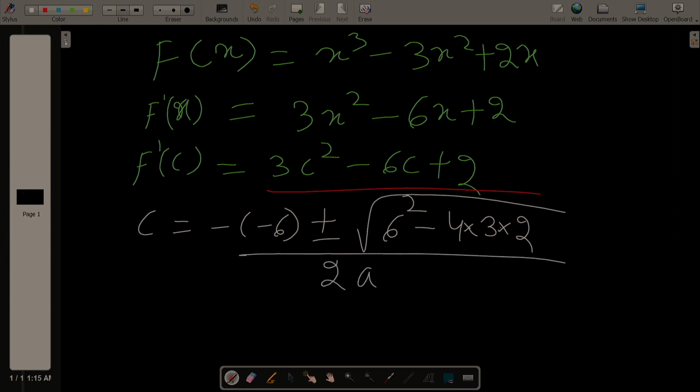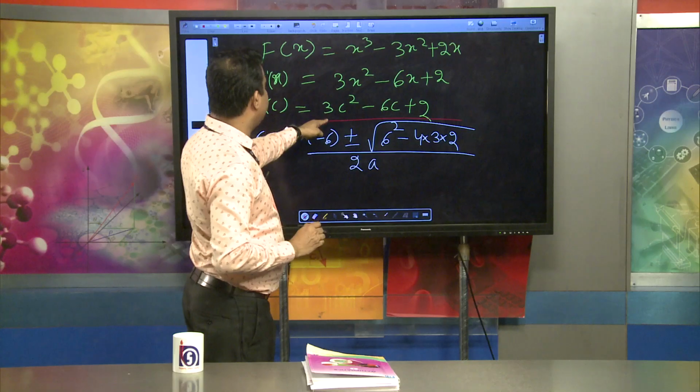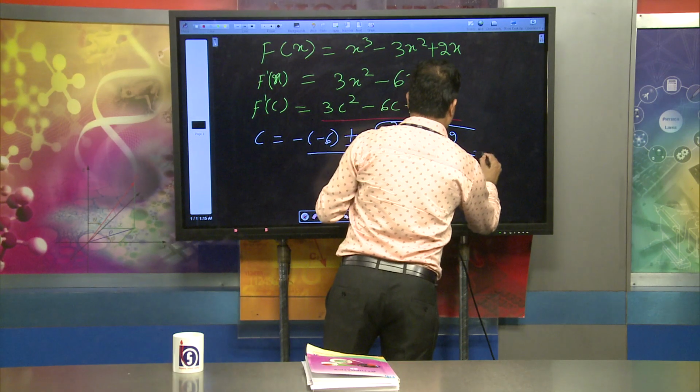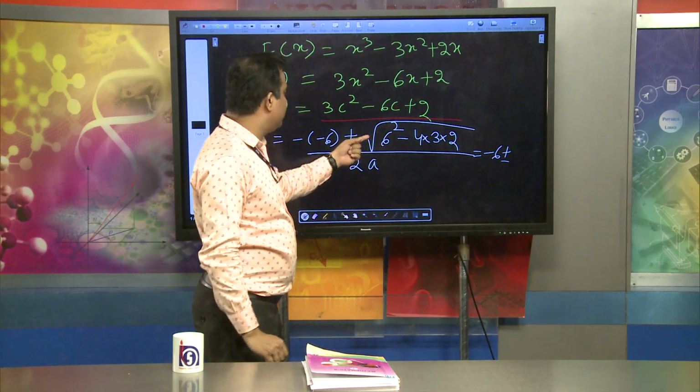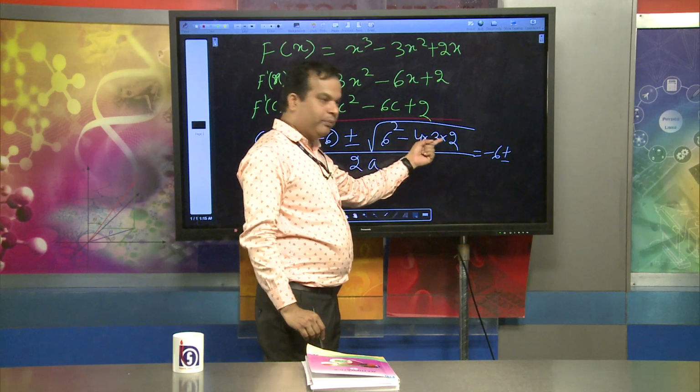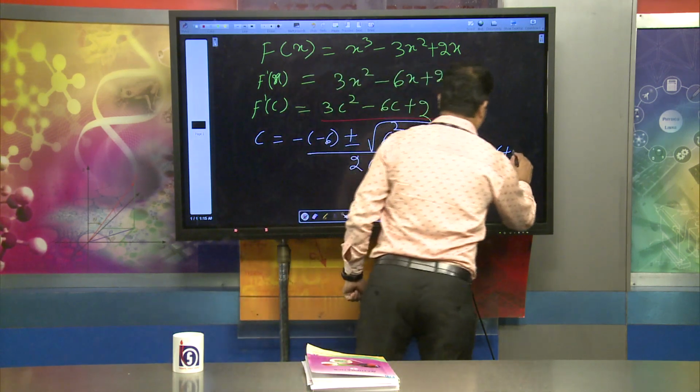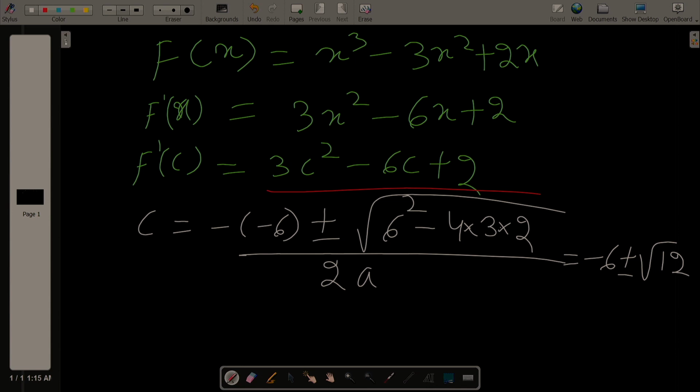Here 2a means 2 multiplied by 3, which is 6.